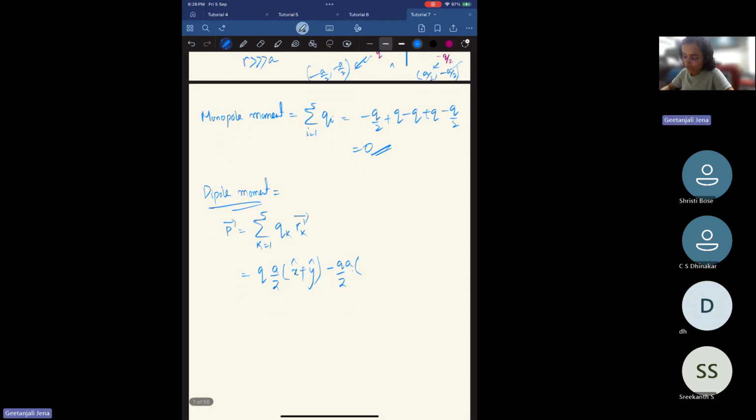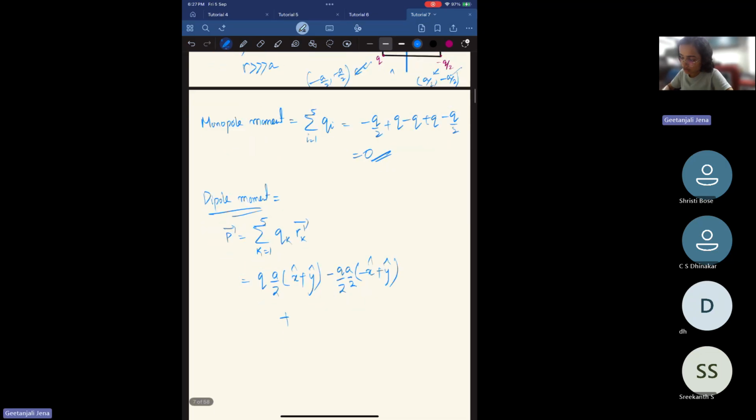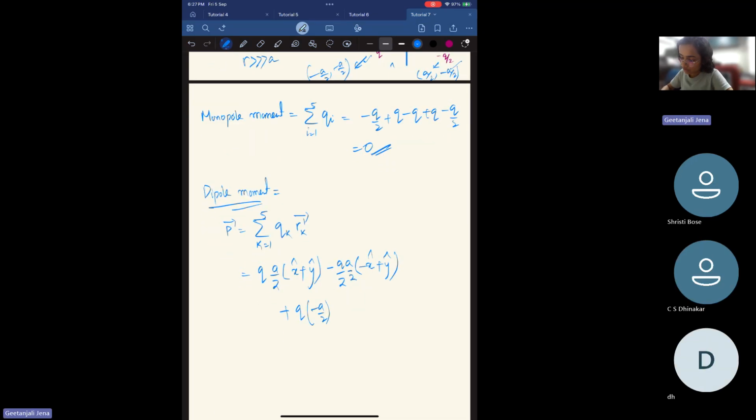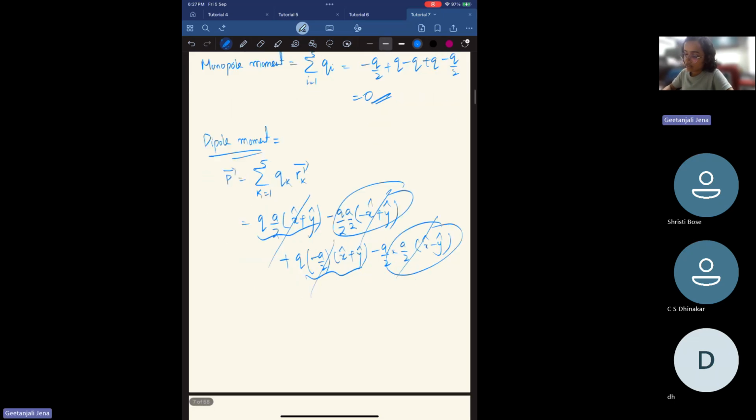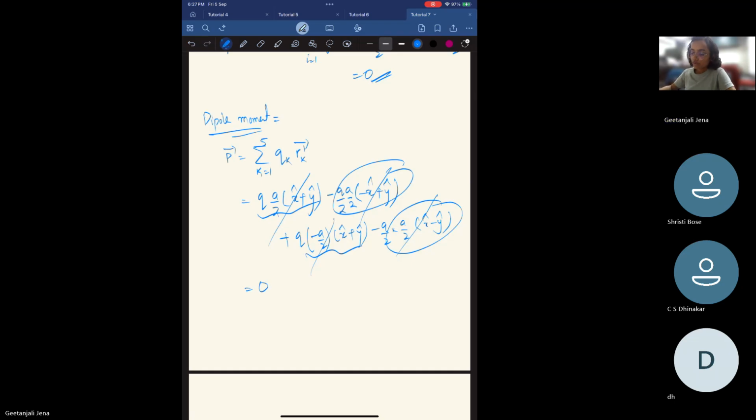So this will be minus q by 2, there will be a by 2, x minus x cap plus y cap, plus q minus a by 2, a plus y cap, and minus q by 2, a by 2, x cap minus y cap. So you can clearly see it here. This will cancel with this, and this one will cancel with this. So that means the dipole term is 0. So the next dominant term will be the quadrupole then.